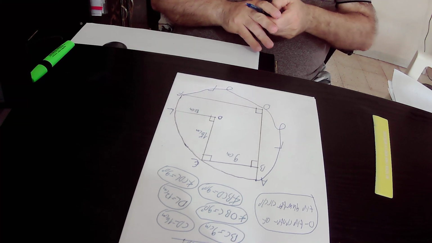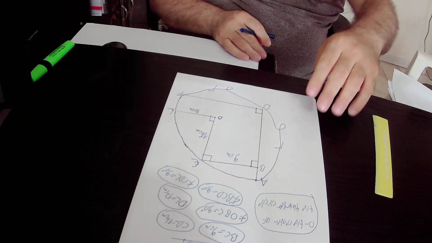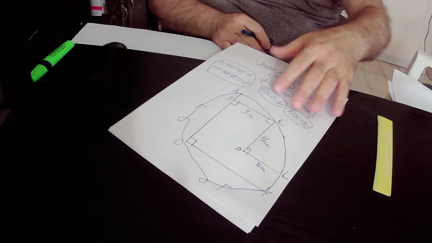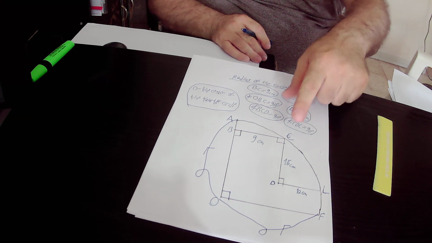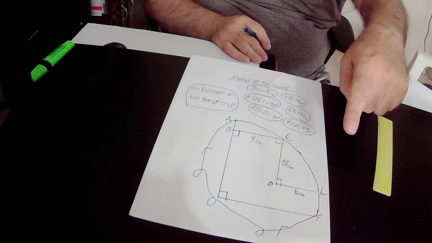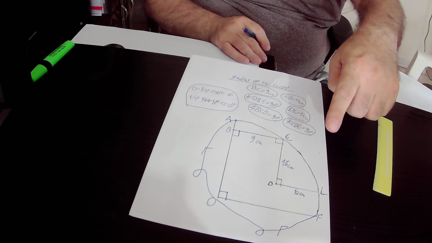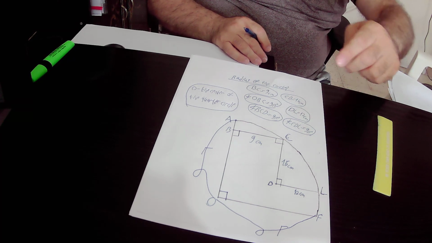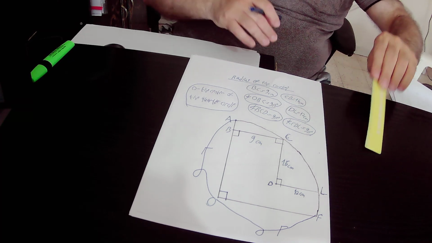So in the next step, we will extend the straight line CD until it touches the side OF, or the radius OF of the quarter circle.